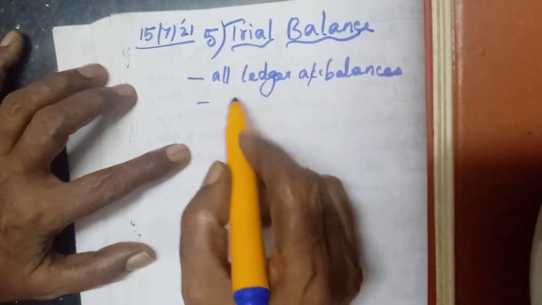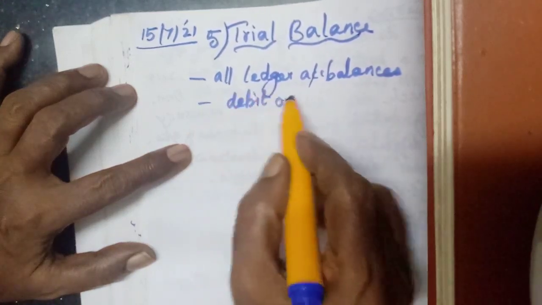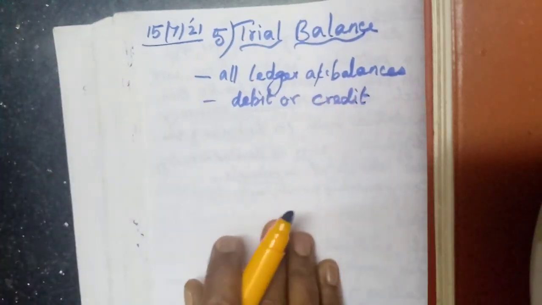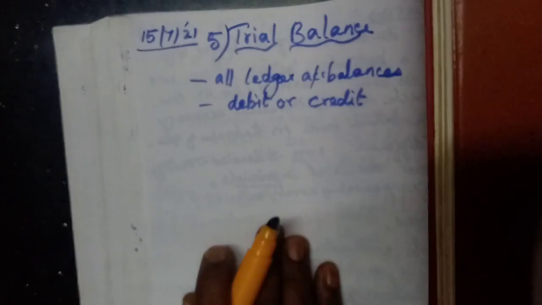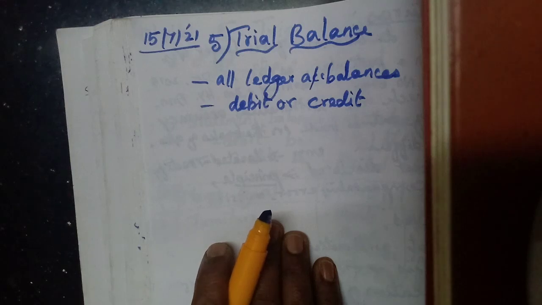These balances may be either debit balances or credit balances. Our main duty is to divide each account into debit or credit. If we post in the ledger account, we will know. Whichever balance the ledger account shows, that we have to write.